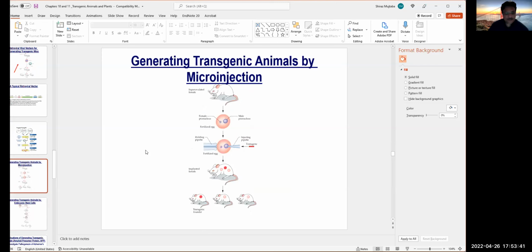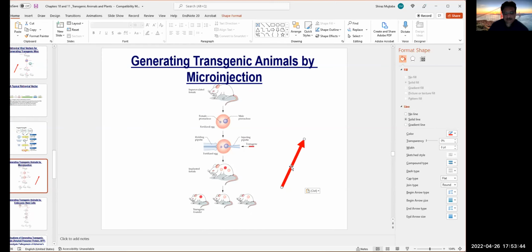So in this slide, it shows that when an egg is fertilized, a very recently fertilized egg will have a nucleus from the mother and a nucleus from the male mouse, which is called the pronucleus.